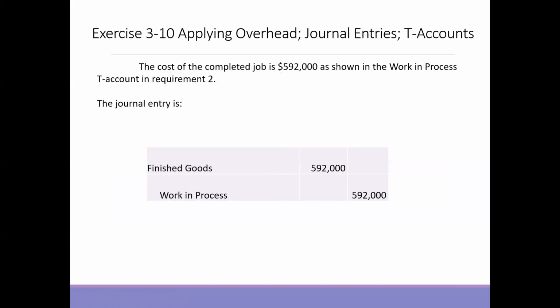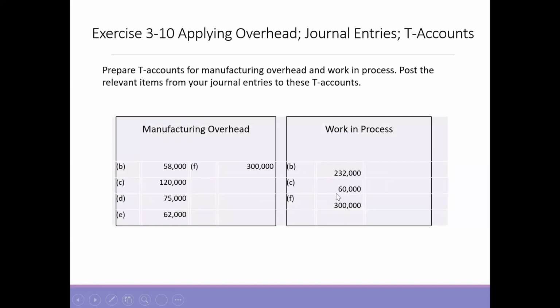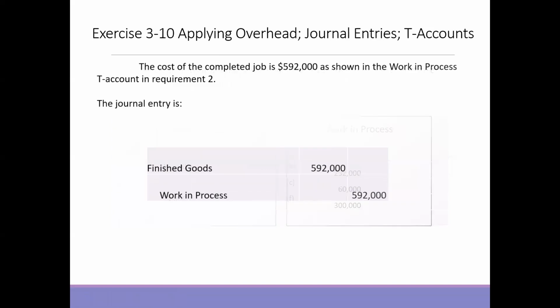The cost of the completed job is $592,000. We know that because if you add, I should have shown totals here, balances, 360, 592. Okay. So we transferred, because this is the only job we had, out of the inventory work in process into the inventory account now called finished goods.